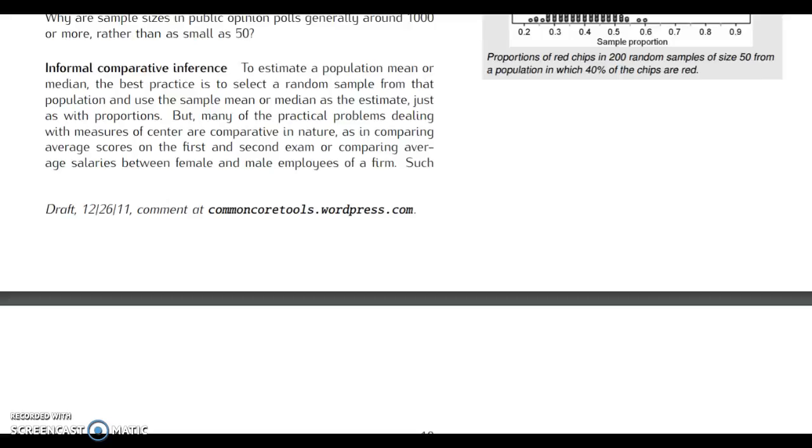All right, this week we're looking at the remainder of 7th grade, and specifically informal comparative inference. This that I'm showing here is just the portion of the progressions document that we have been reading and following.